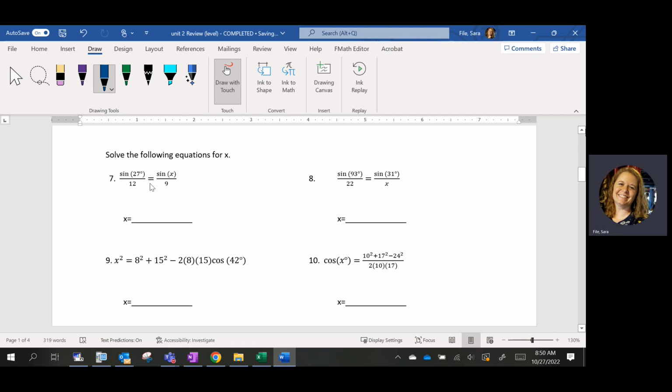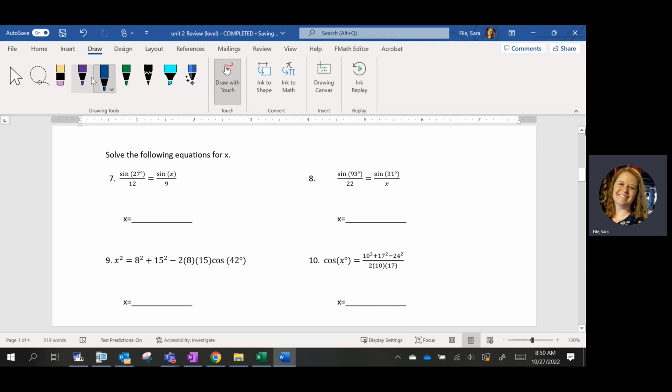Okay, so this one is a law of sines. It's the ratio, proportion. Okay, this one's a missing angle. This one's a law of sines proportion, but it's a missing side. Okay, this is a law of cosines with a missing side. And this is a law of cosines with a missing angle. So there's one of each to practice on. Do you know what to do in the calculator, how to solve this?